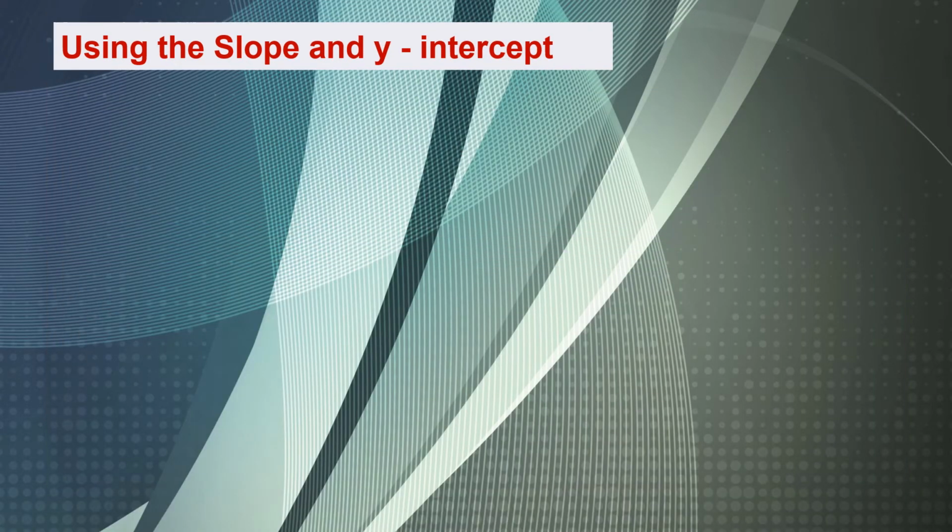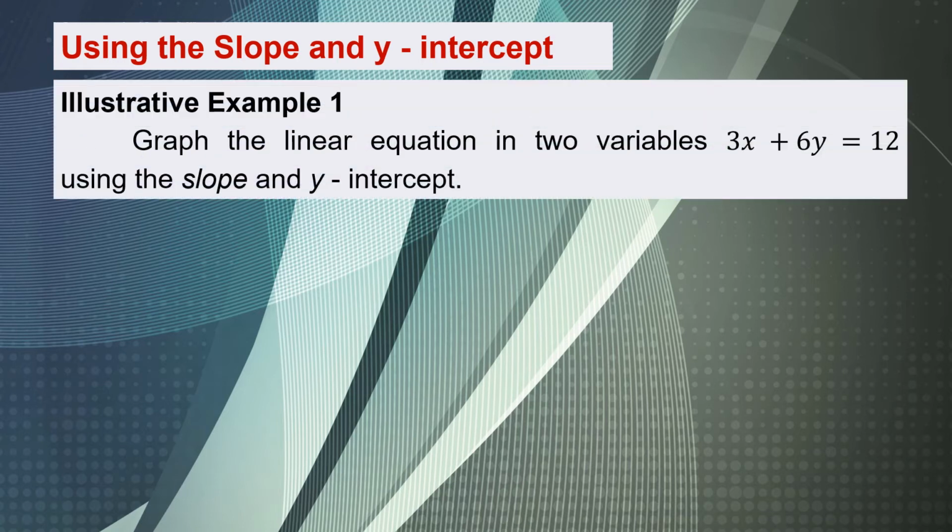Let's have an example using the slope and y-intercept in graphing linear equations in two variables. First, graph the linear equation in two variables 3x plus 6y equals 12 using the slope and y-intercept.